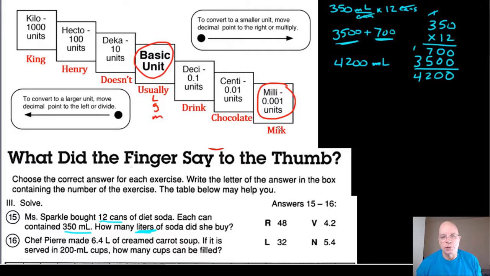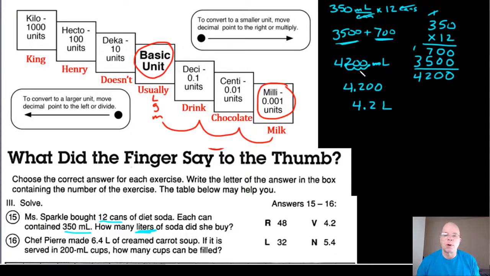And if I'm converting to a larger unit, I'm going to move my decimal 1, 2, 3 to the left. And so the decimal in 4,200, it's a whole number, so the decimal's on the right. If it's not in sight, it's on the right. And when you move that decimal 1, 2, 3 to the left, you get 4.200, which is just 4 2/10 liters.